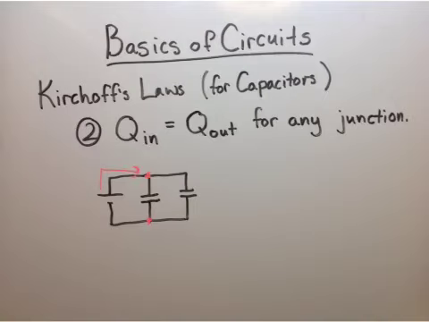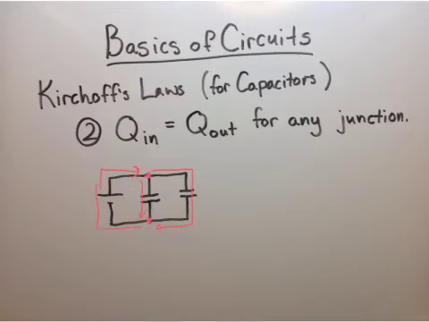Let's say that's 1 coulomb, just for the sake of argument. At the junction, some of the charge must go this way onto that capacitor, and some of it must go this way onto the other capacitor. All right, and then things join back up here, and there we go.